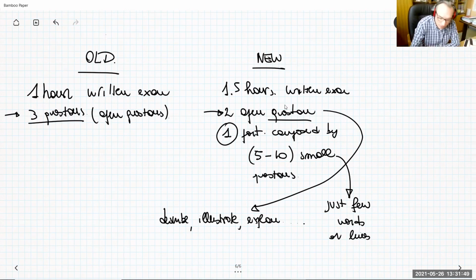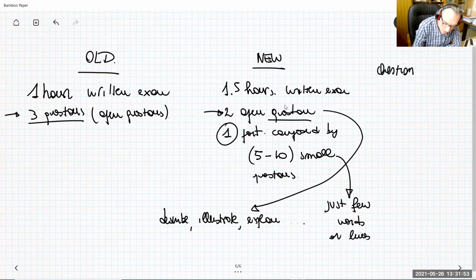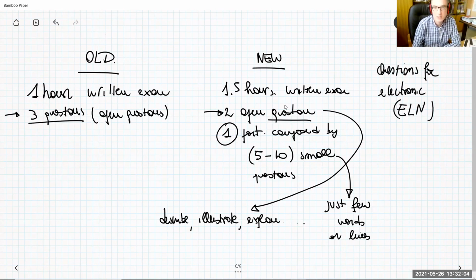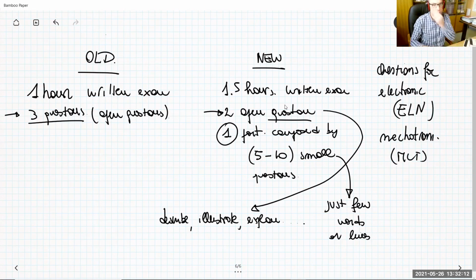I will put typically an acronym: questions for electronic students will be indicated by these acronyms, and mechatronics by MCT. So, of course, mechatronic students do not have to answer the questions for electronic students, etc.